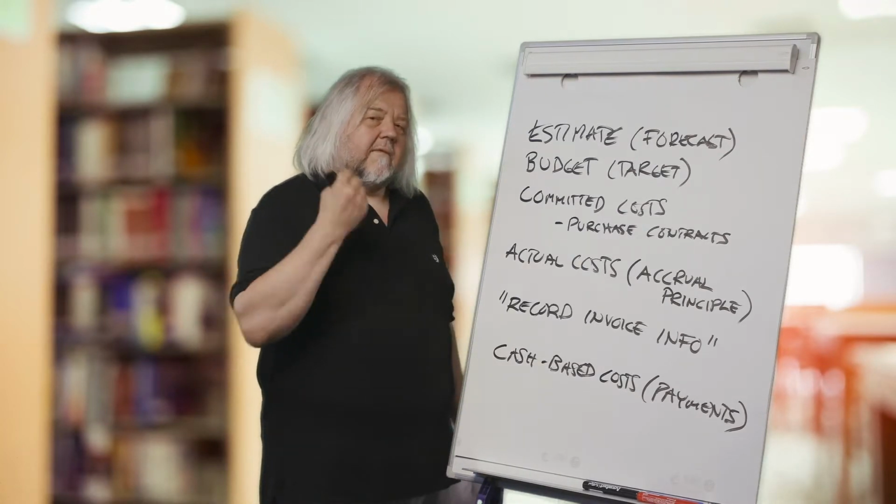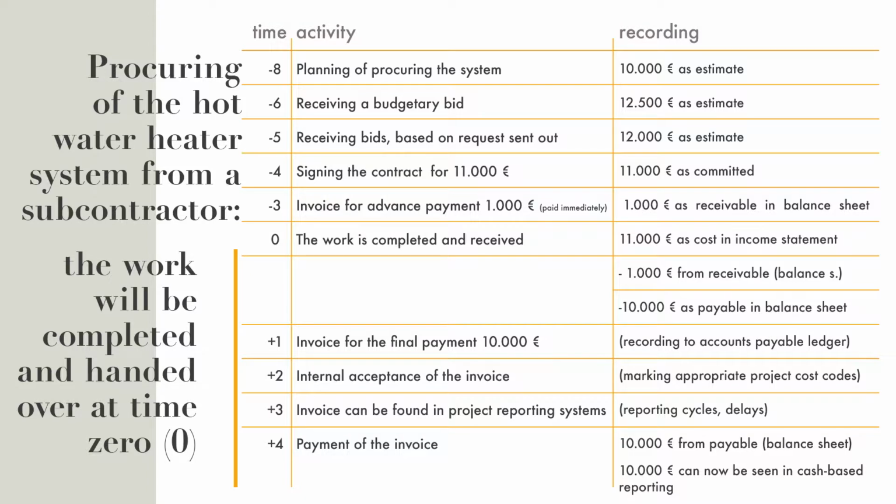So at point of time 0, the work is completed and the work is received. We take this water heater system from the supplier and accept it. So then the 11,000 euros actualizes, and we record that 11,000 to the income statement.